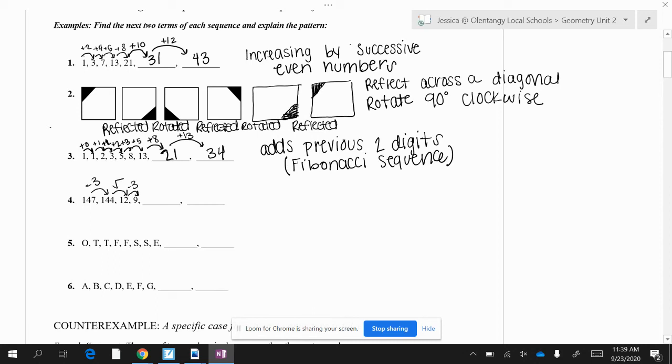So I can see a little bit of a pattern from subtracting 3 to square rooting, then subtracting 3. So I'm guessing I'm going to square root 9, and that would give me 3. And then from there, I'm going to subtract 3 to get 0. So we are going to first subtract 3. And then on the next term, take the square root.